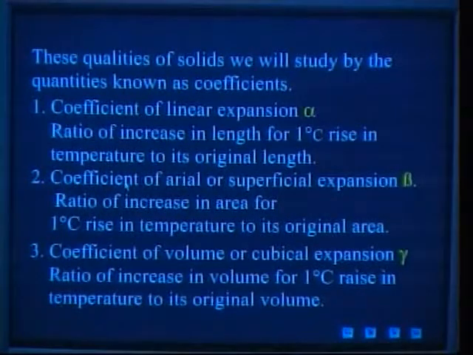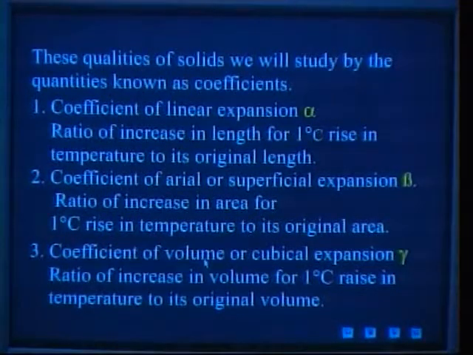When the solid is in the form of plates, the major dimension it possesses is area. So, by supplying heat there is expansion in area. It is studied by the quantity known as the coefficient of areal or superficial expansion, beta. It is defined as the ratio of increase in area for 1 degree rise in temperature to its original area.